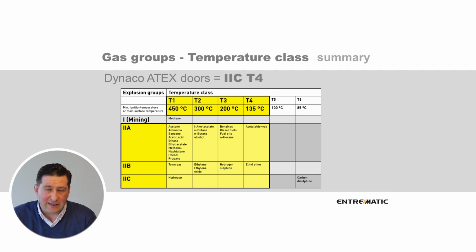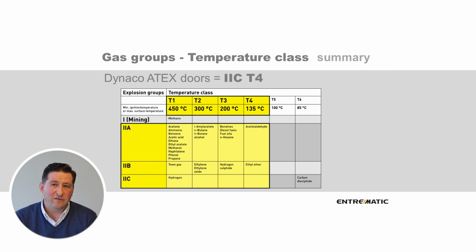The temperature classes have to do with the surface temperature of our product. This means that our door, the ATEX S5 door, will never reach a surface temperature of 135 degrees, which is the T4 temperature class. This means that none of the parts, not the engine, not the gearbox, none of the parts will reach a temperature of 135.